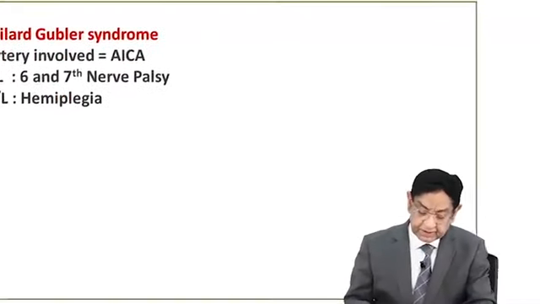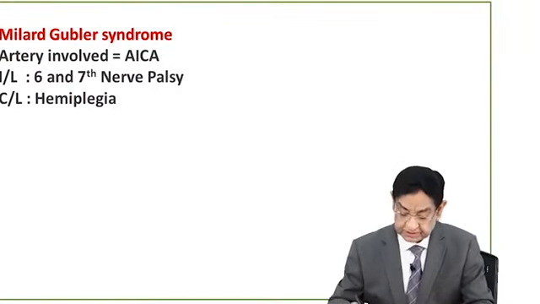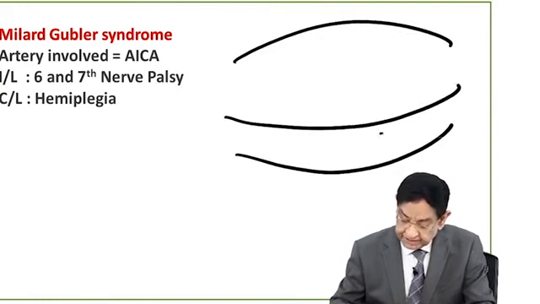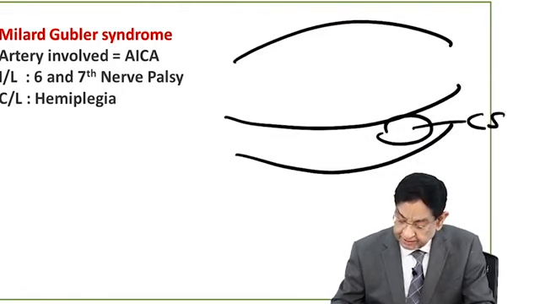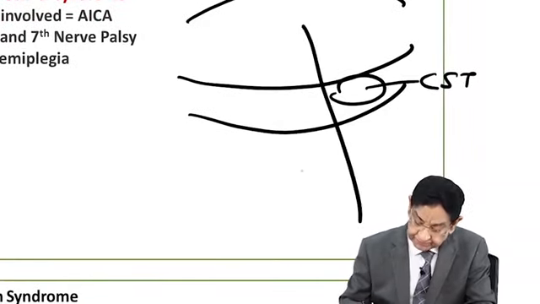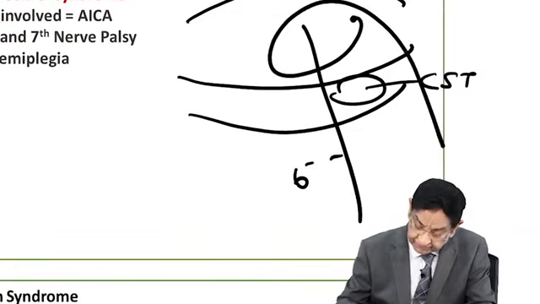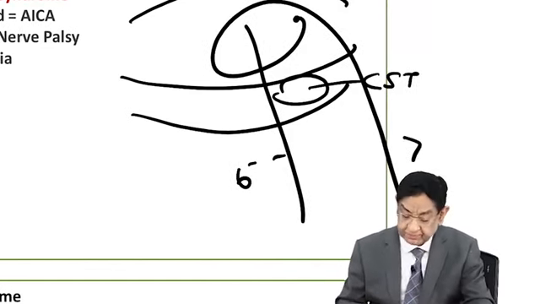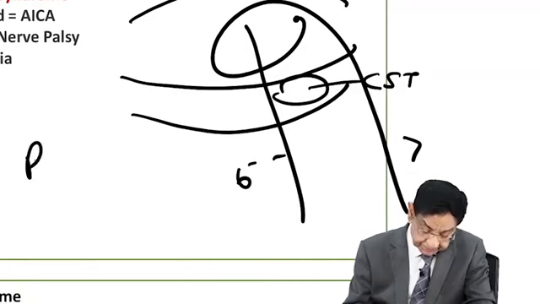Then we talk about the pons. This is the pons. Here is the corticospinal tract. Here is the 6th nerve. Here is the 7th nerve. And it revolves around the 6th nerve and comes out.